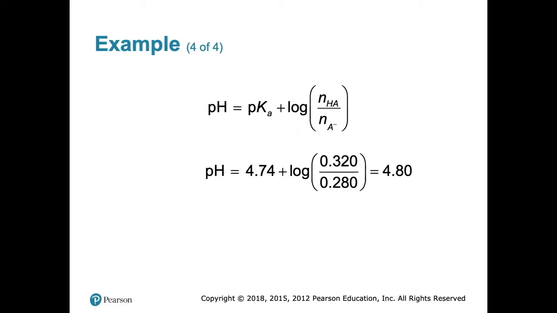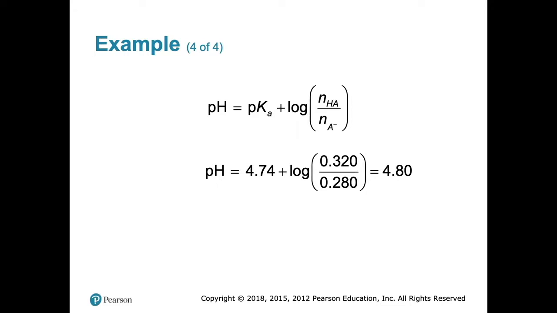Okay, so just make sure you know, because it's always going to be the base over the acid. It will never be the acid over the base. So make sure you have that clear. Yeah, it wouldn't make sense, right? Exactly. So, quite easy.